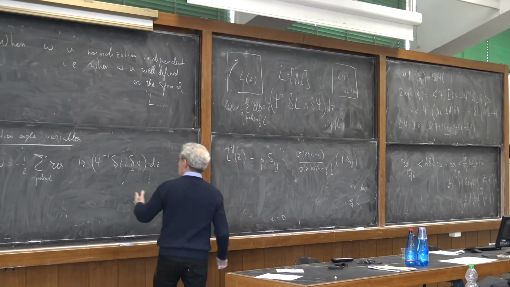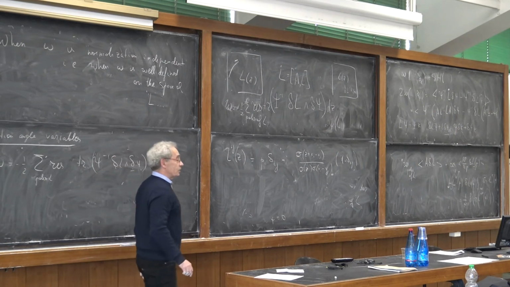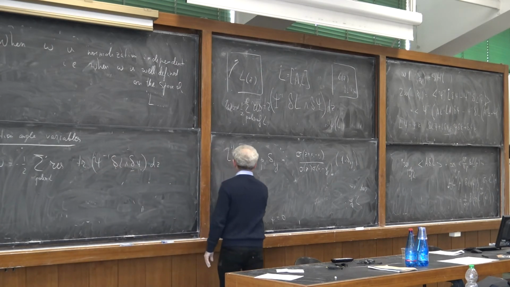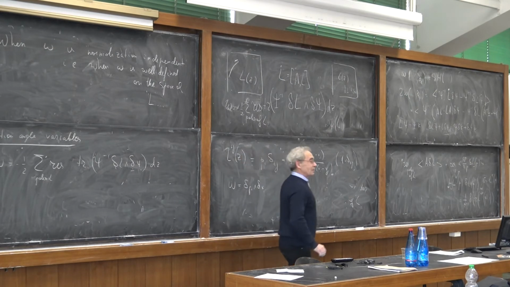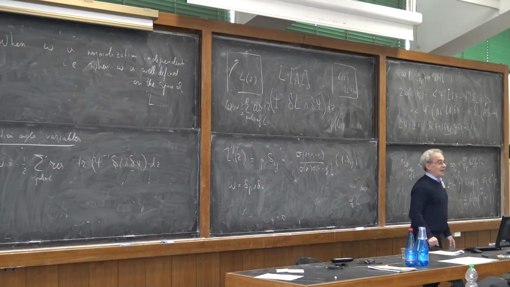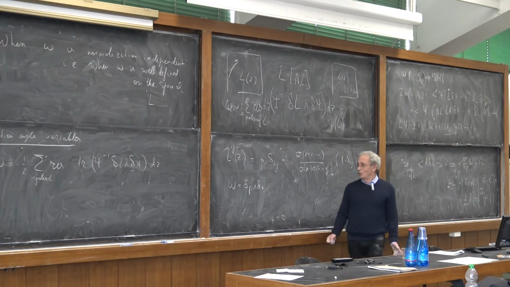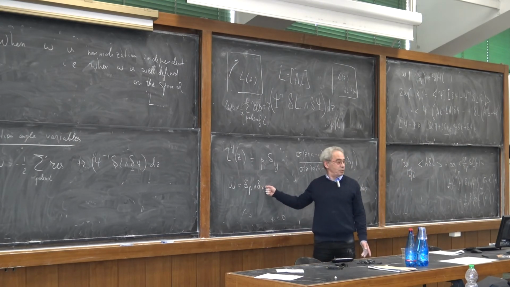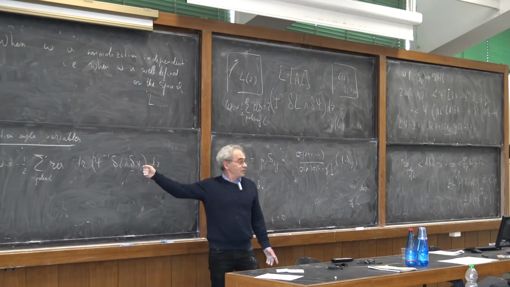If you just plug this L into this formula and do some computation, you will find that omega is just delta p wedge delta x, a result of a non-trivial computation with elliptic functions. And you may ask yourself, what's the purpose of defining such a simple form in such an elaborate representation?